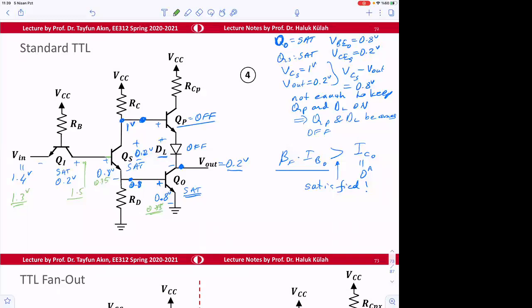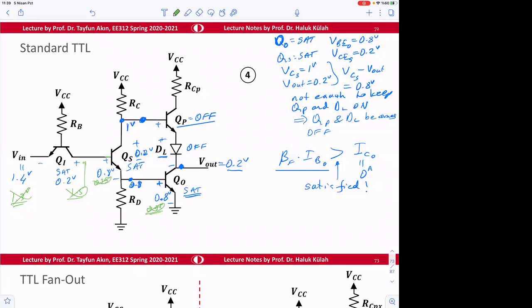So this is similar to the case we analyzed in DTL, right? The transistor was directly going from off mode to SAT mode. So let's not talk about this.